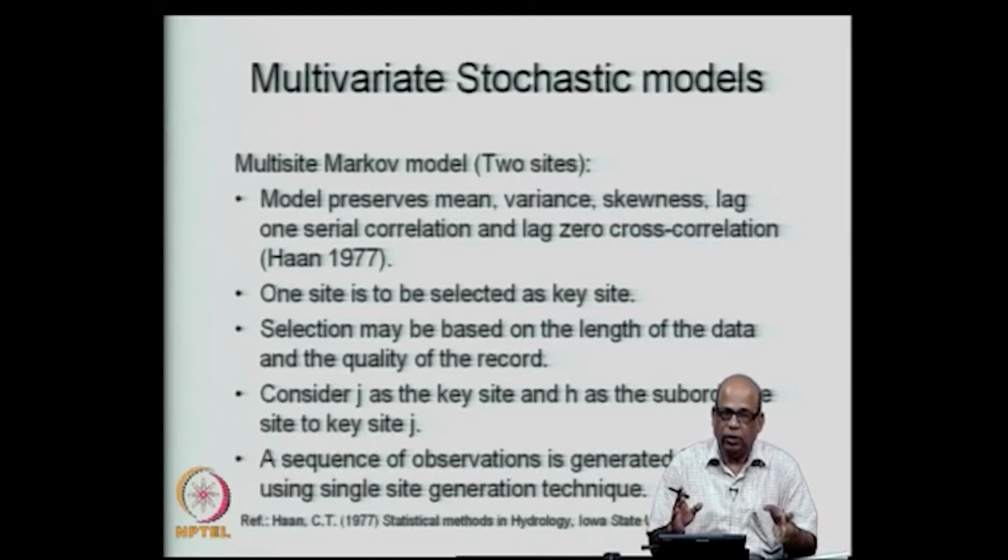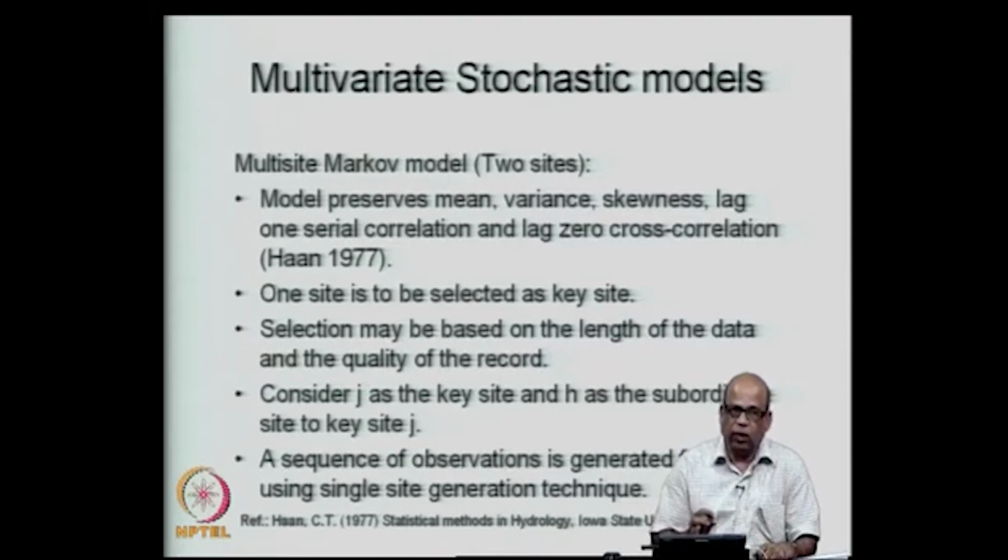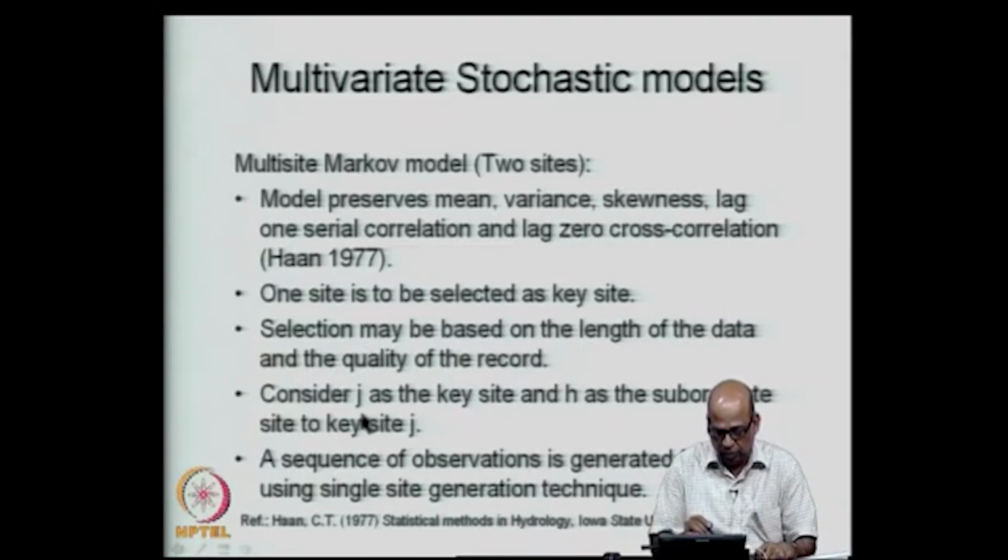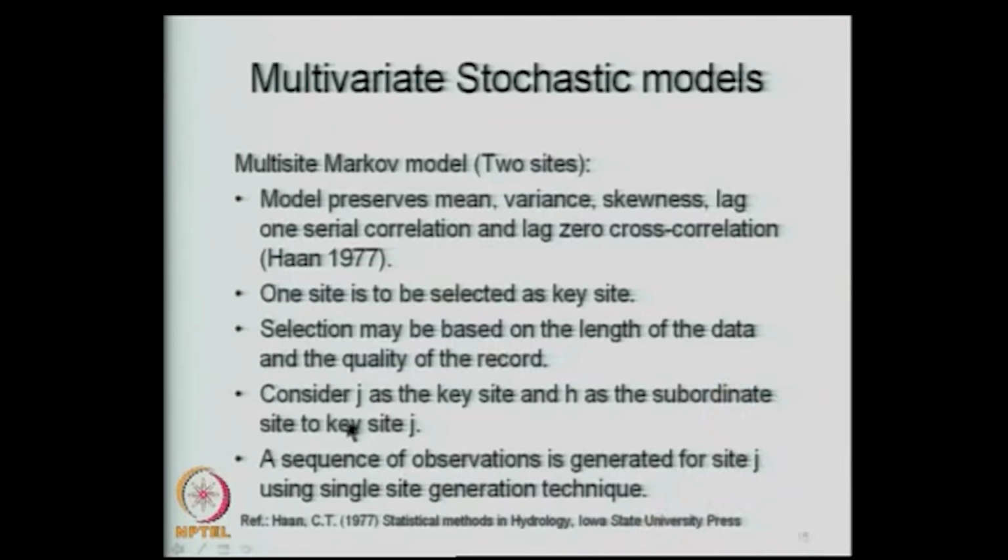We use this particular station as the key site and generate the data on the key site using the single site model. Let us say I denote the key site as j, and the other site we call the subordinate site. So, there is a key site j and the other one is the subordinate site to key site j. On the key site, we will generate using the single site models. So, using the single site generation technique, we generate the data on the key site.